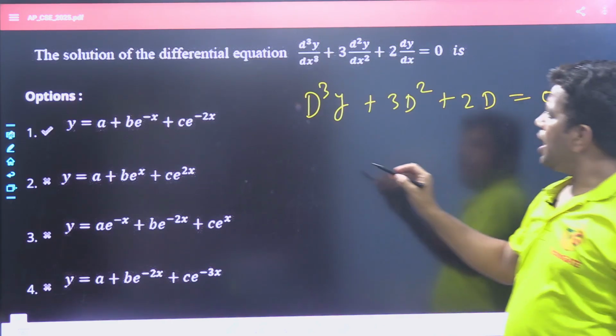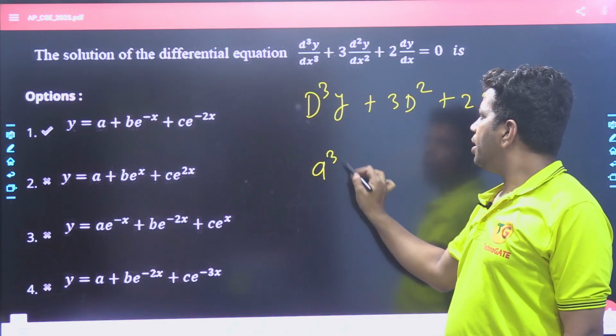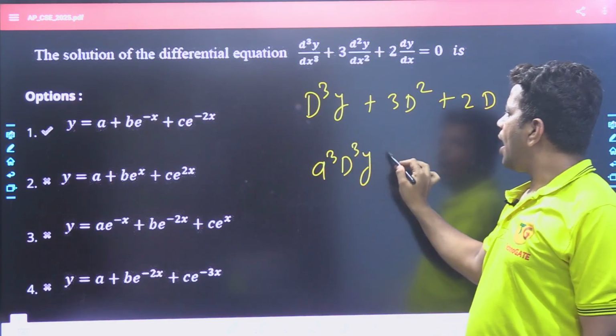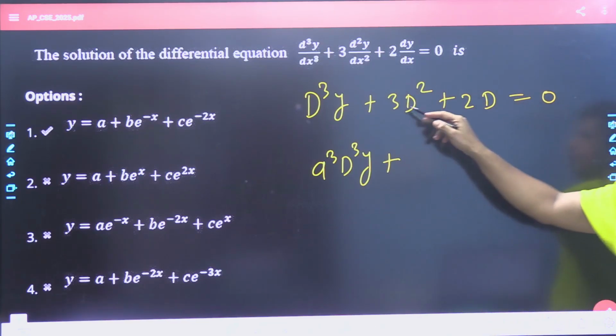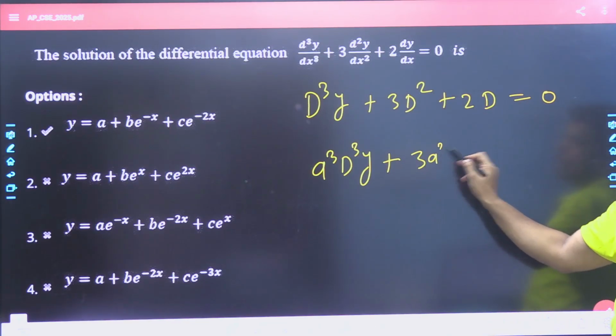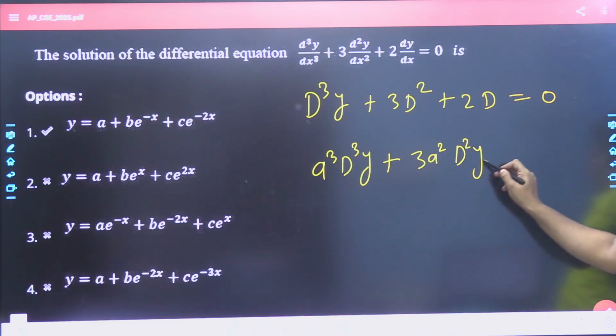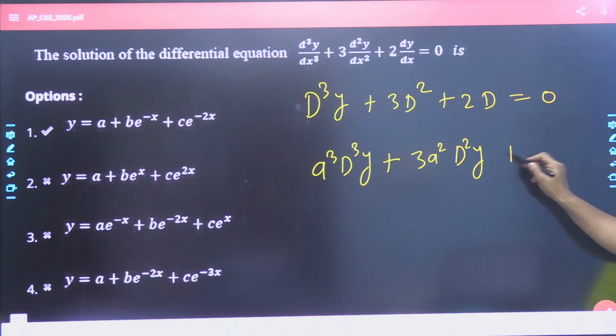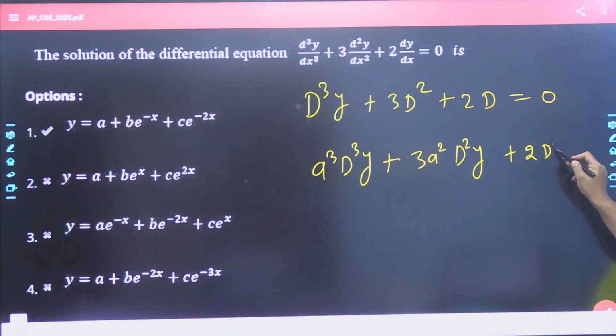So can we say that it is just like a cube D cube y plus 3a square D square y plus 2D y equals 0.